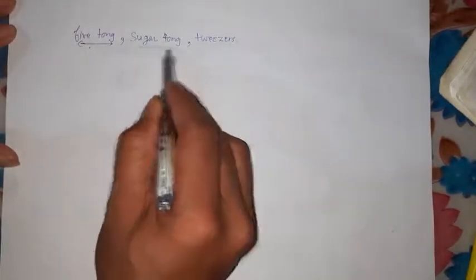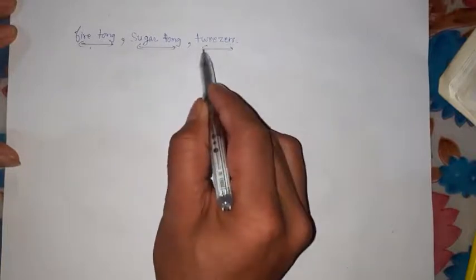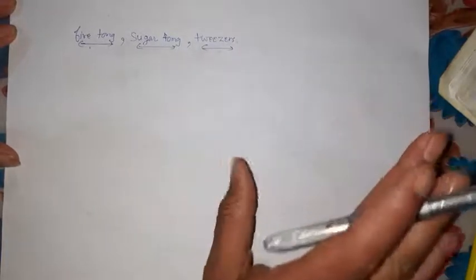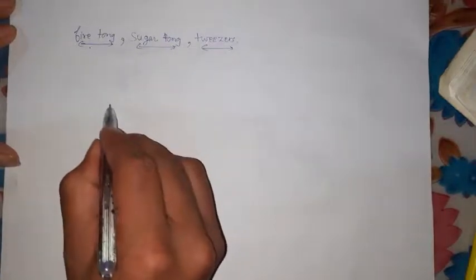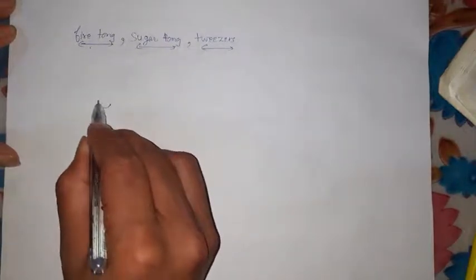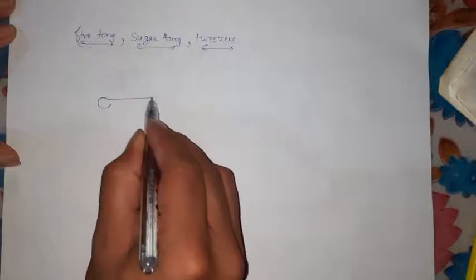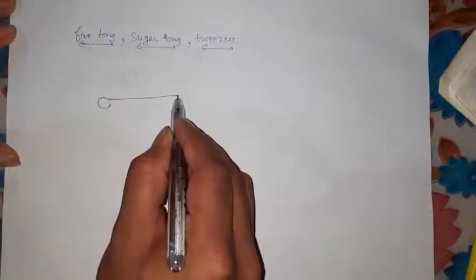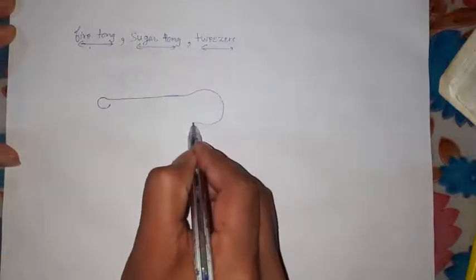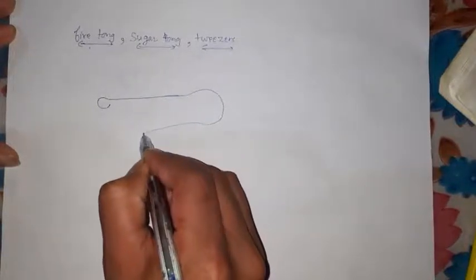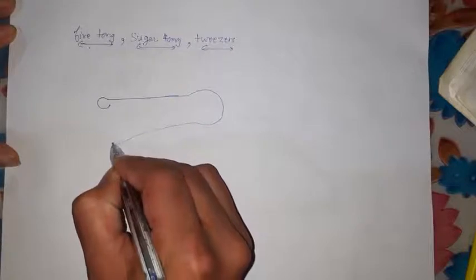Okay, so what we are going to do, जो fire tongue, sugar tongue और tweezer, for them they're almost the same, that we are going to take the diagram. Okay, so here we are having the diagram for them. So in this class of lever, what will be there?